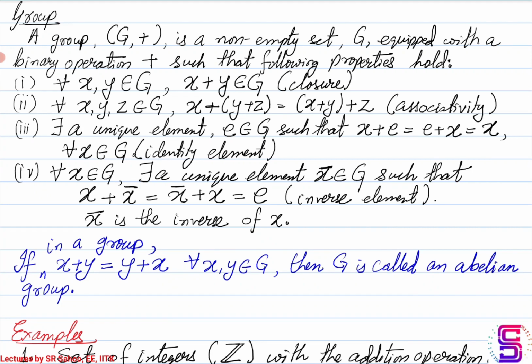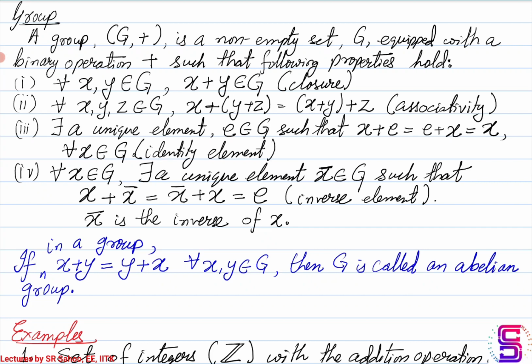Second, for any three elements that you take from G, the associativity property has to be satisfied: x plus (y plus z) is the same as (x plus y) plus z. So y plus z is an element, and then this element is operated with x. This is the same as x being operated with y using the binary operator plus, and the resulting element is again operated with z. This is what is associativity.